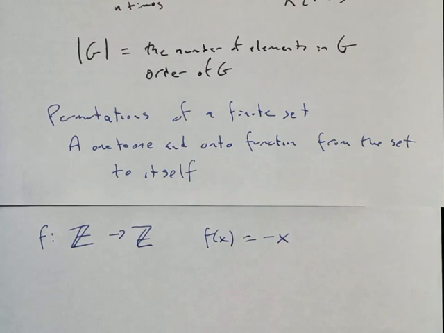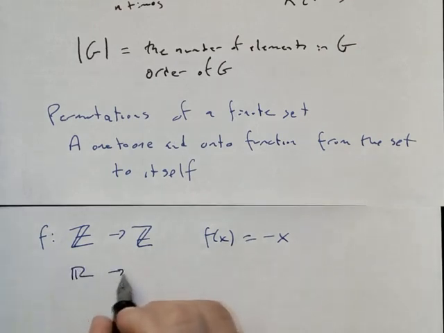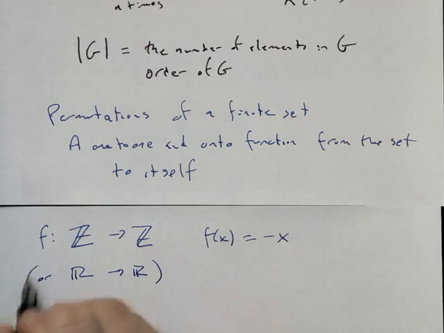By the way, this could just as easily go from R to R. How do I know that this function is one-to-one?